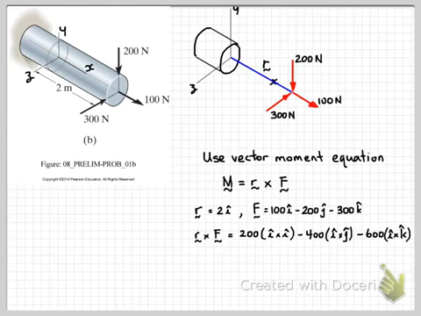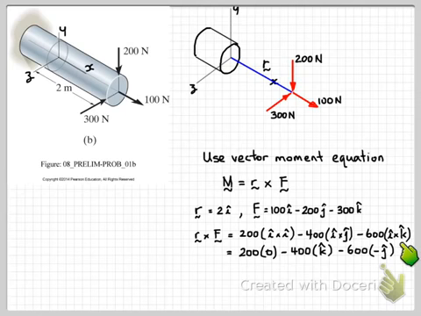And then we'll have 2 times 300, i cross k. And i cross i is 0, so that becomes 0. 400 i cross j becomes k. And minus 600 i cross k becomes minus j.